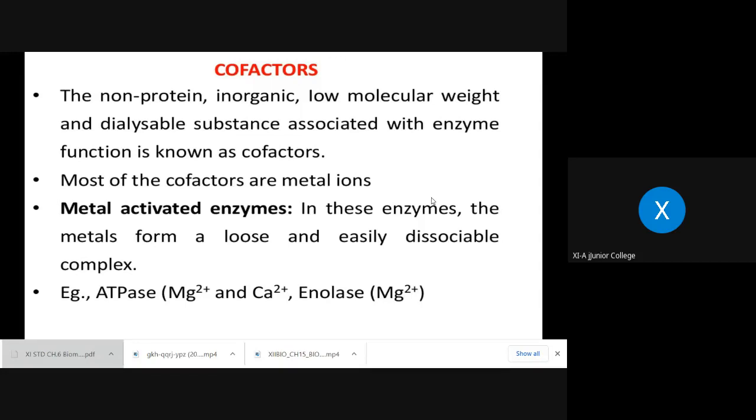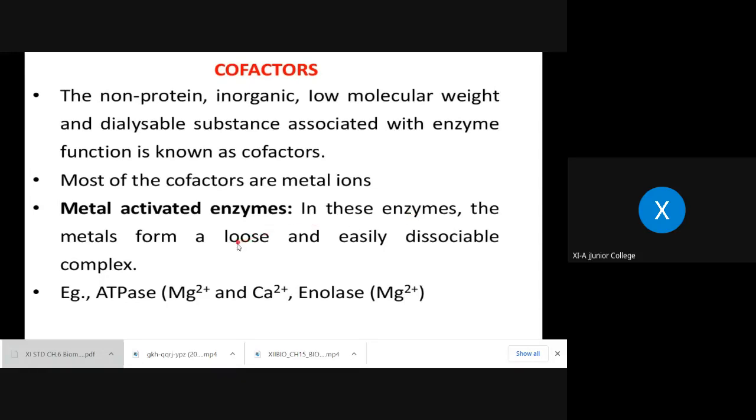As I told you, these are loosely bound to the protein part, that means the apoenzyme, but coenzymes are tightly bound. Both are non-protein, but coenzymes are organic, low molecular weight, and cofactors are inorganic. Coenzymes are tightly bound, these cofactors are loosely bound.